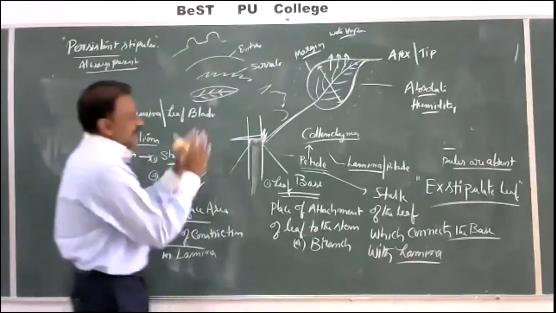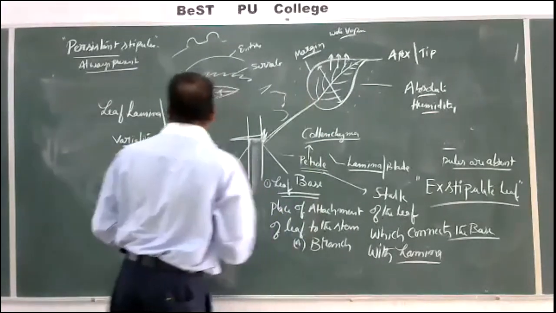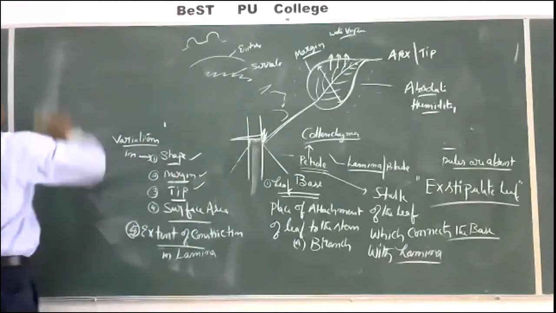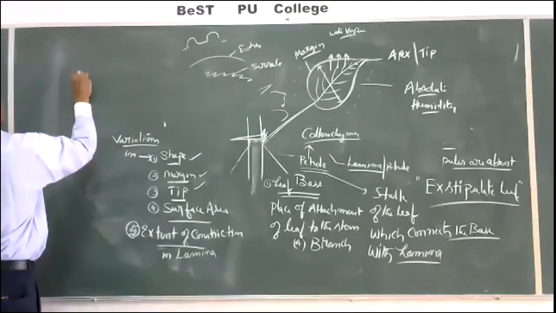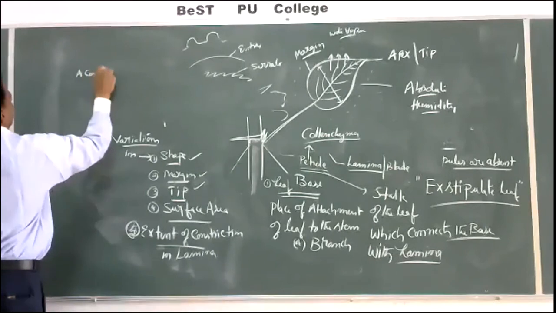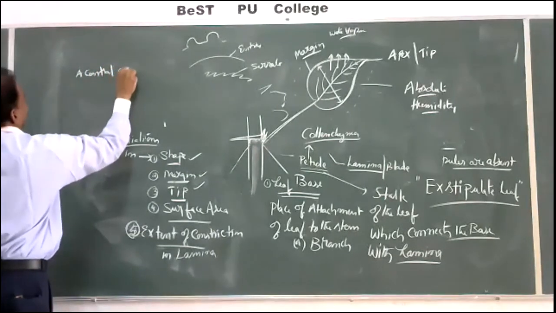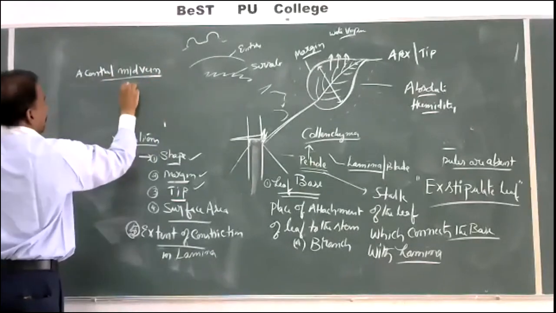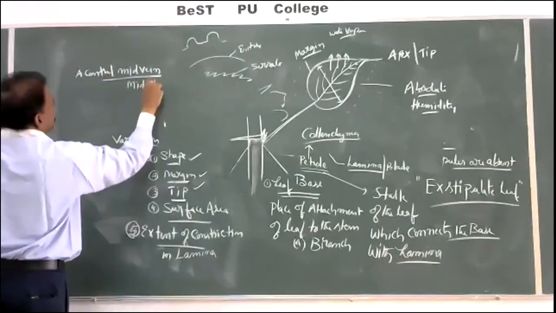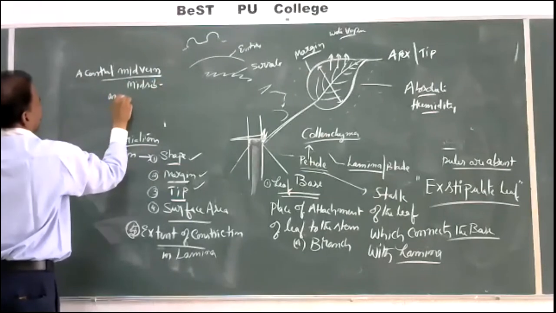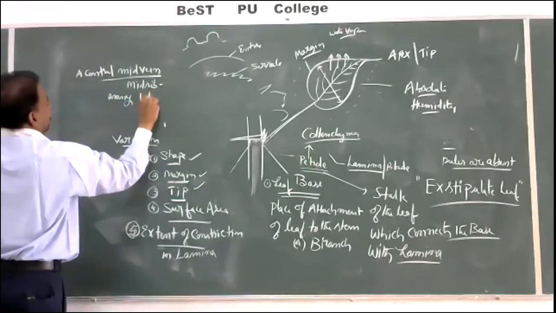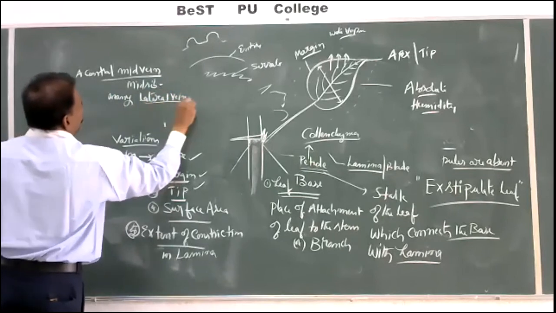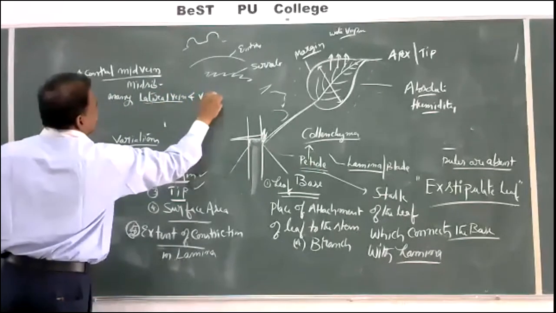Now, what is there in a lamina? In a lamina or leaf blade, there is generally a central midvein or midrib, many lateral veins, and veinlets.